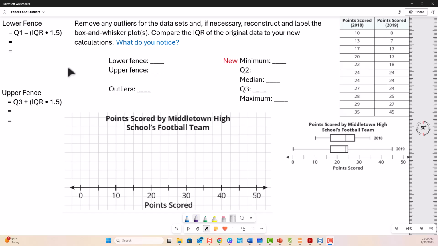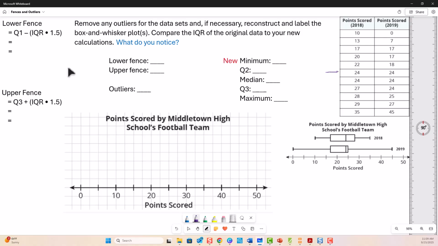To do this, of course, I need to know my quartiles and my interquartile range. So I have 1, 2, 3, 4, 5, 6, 7, 8, 9, 10, 11 pieces of data, which means my median is at the 6th. 1, 2, 3, 4, 5, 6.